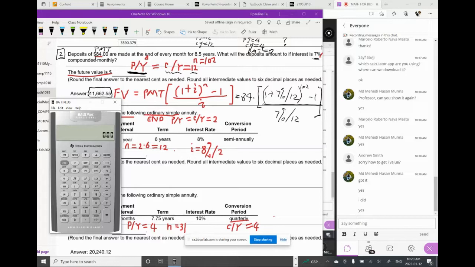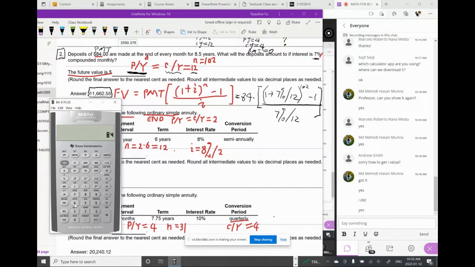So there is no sequence. You can enter any number first. The first number I see is 84, and I know 84 is PMT. So you type in the number first, 84. You make a deposit.